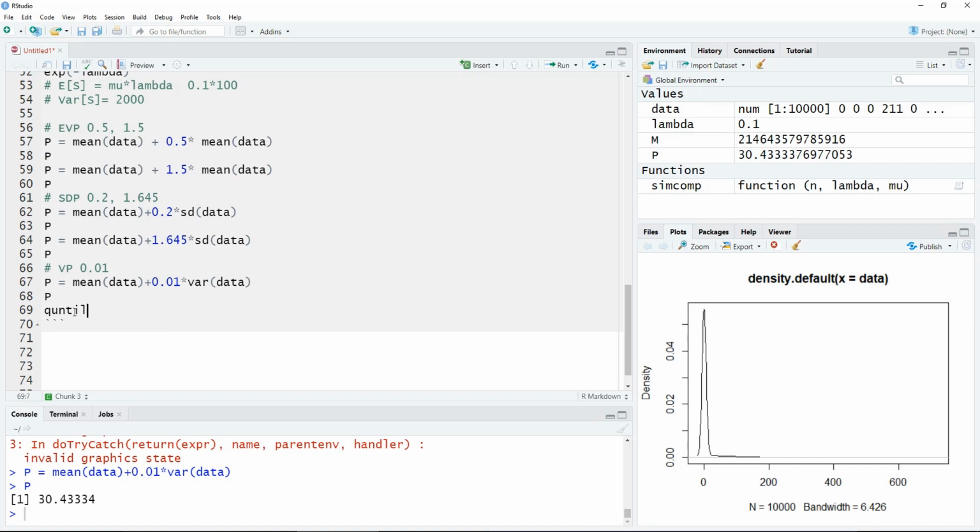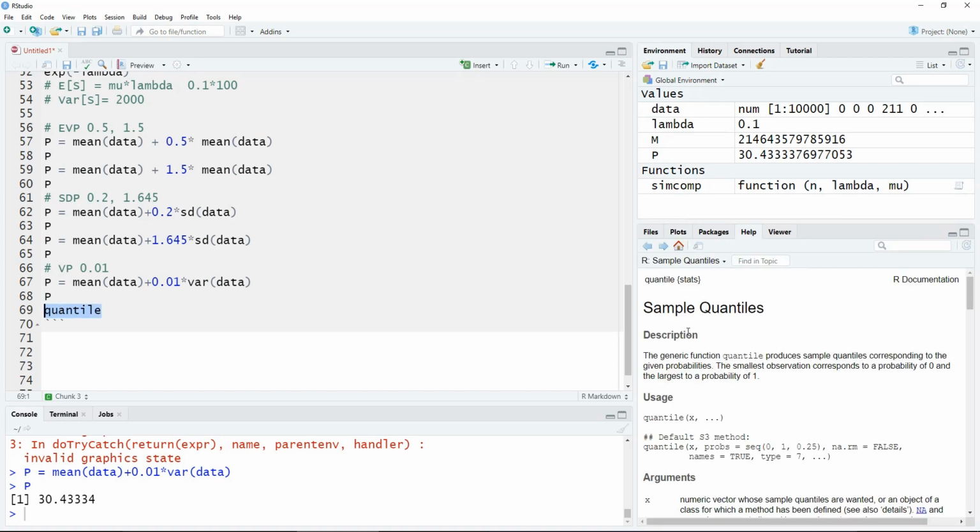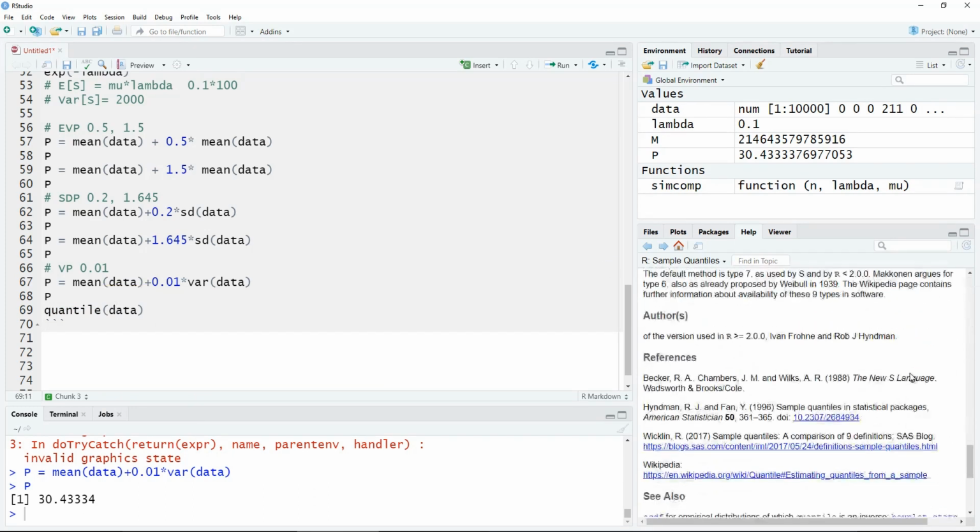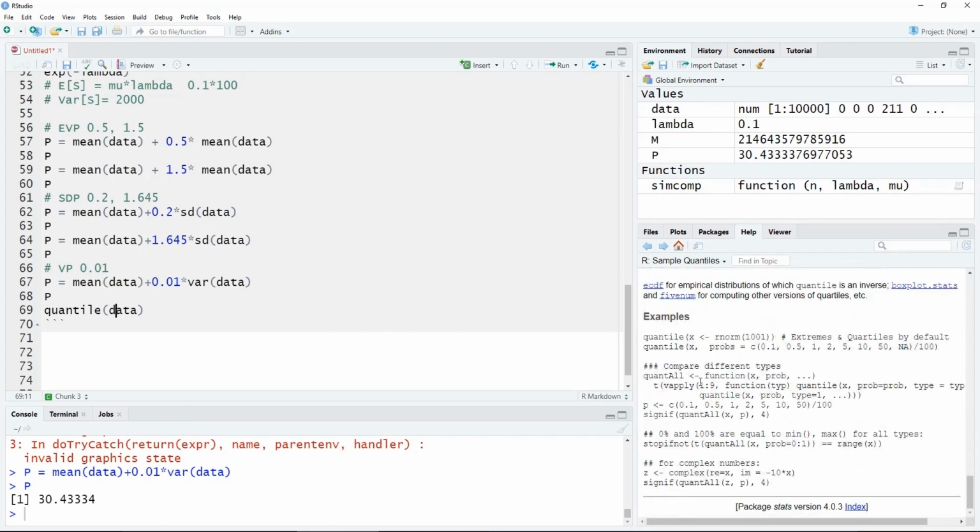Can I calculate quantile of data (0.95)?